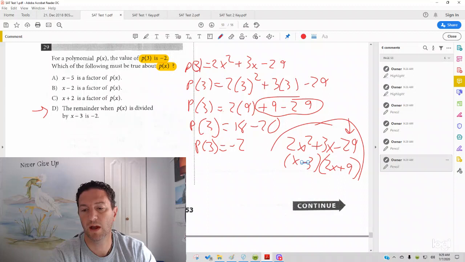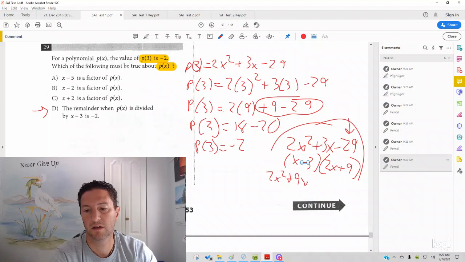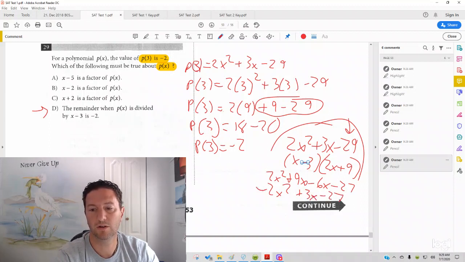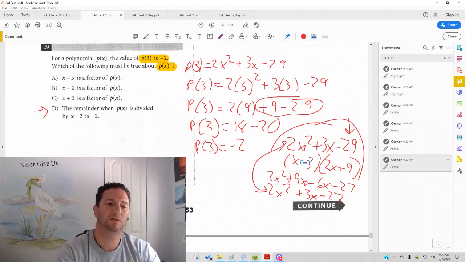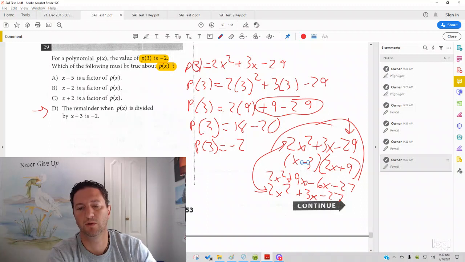And now let's see what happens when I FOIL and multiply it out. I get 2x squared, outsides I get plus 9x, insides I get minus 6x, and lastly I get minus 27. I get 2x squared plus 3x minus 27. Now you could see that here it's only off by 2. So it looks like maybe the remainder would be negative 2.